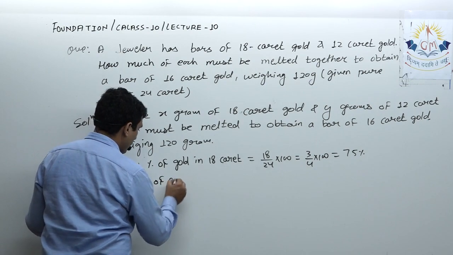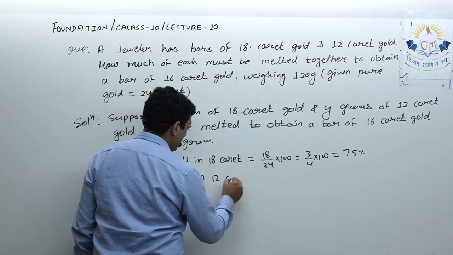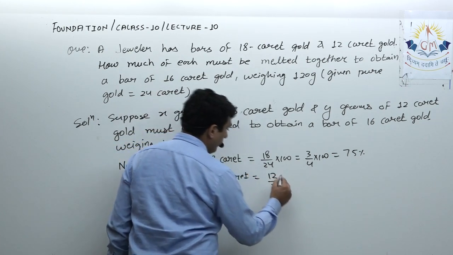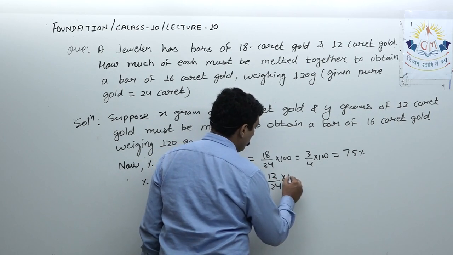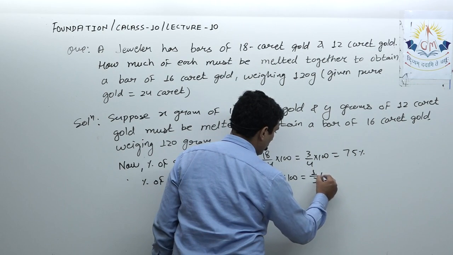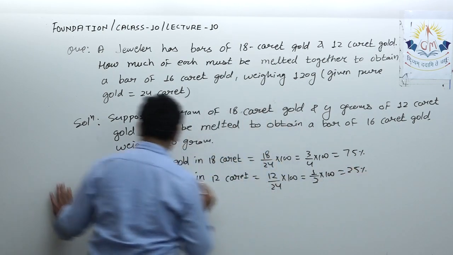Percentage of gold in 12 karat is equal to 12 upon 24 into 100, that is 1 upon 2 into 100, that is 25%.